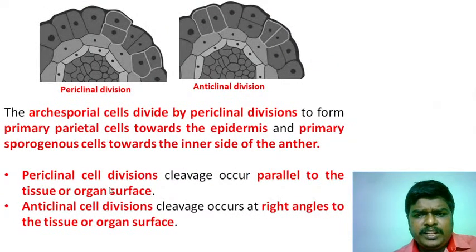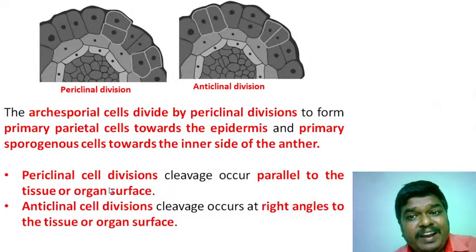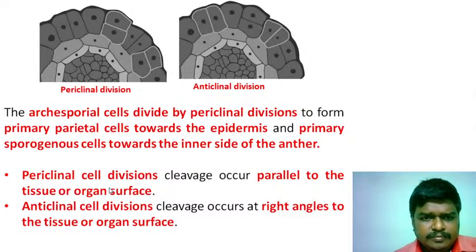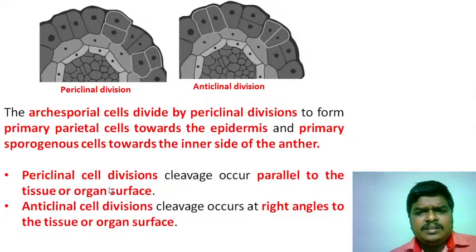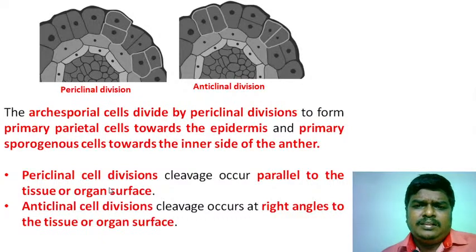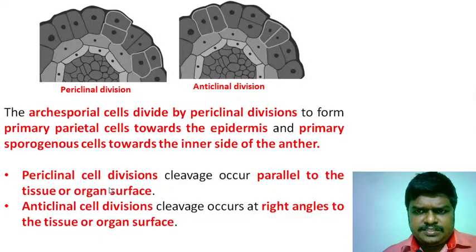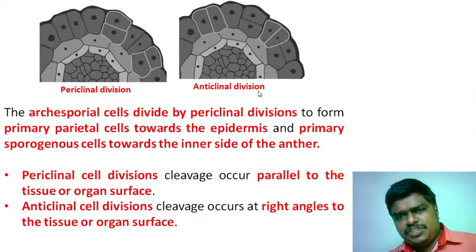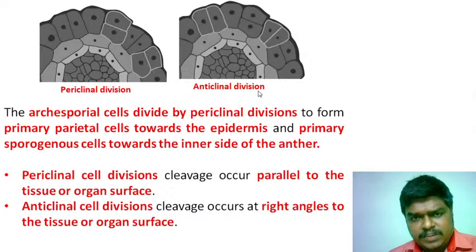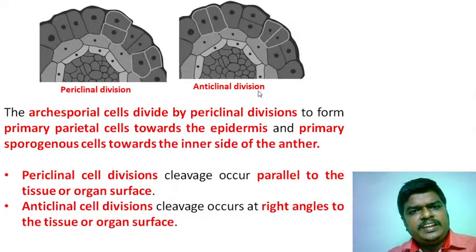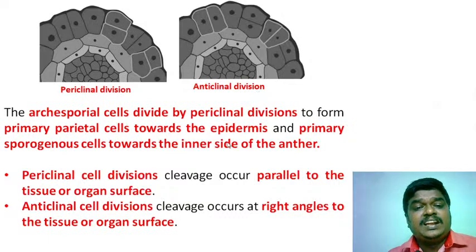These archisporial cells start dividing. There are two different types of divisions here. One is called periclinal division and the other anticlinal division. So they undergo the division process, either periclinal division or anticlinal division. Here what will happen?